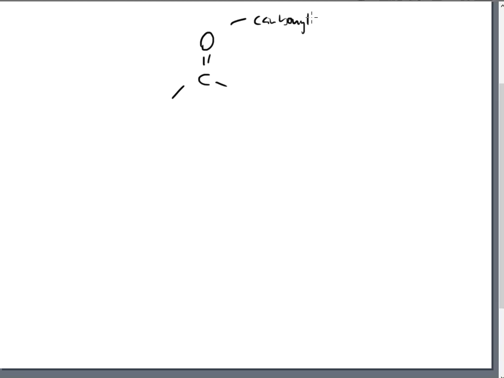Carboxylic acids were a carbonyl, right? Aldehydes were a carbonyl. Ketones were a carbonyl. Tons of different carbonyl structures are out there.